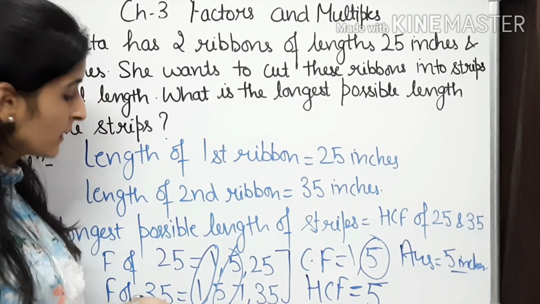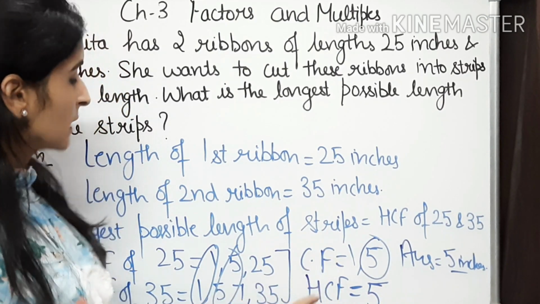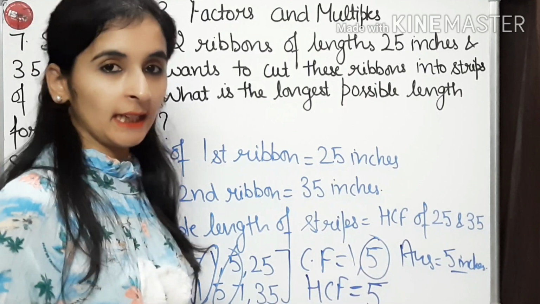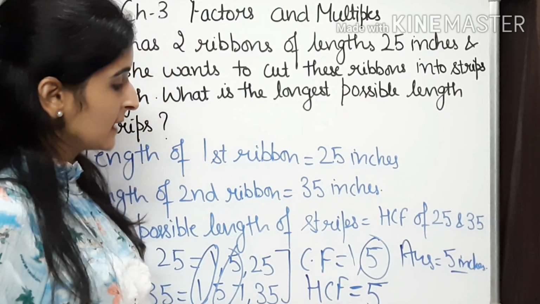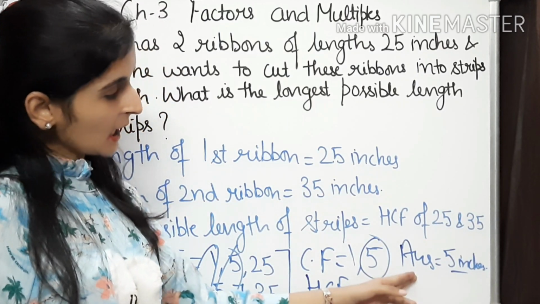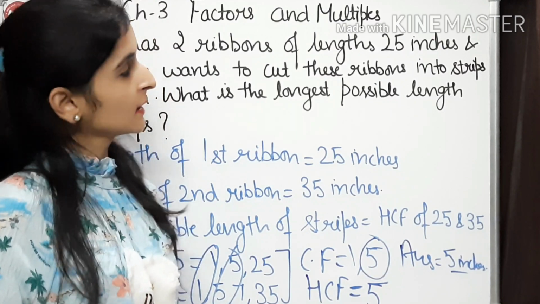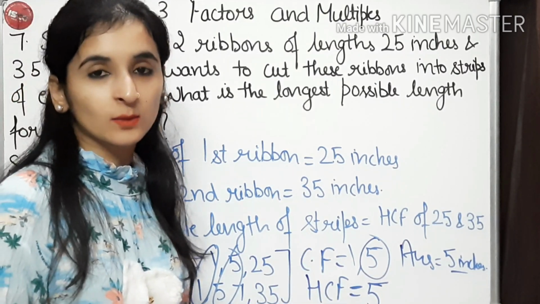Factors of 35 are 1, 5, 7 and 35. The common factors are 1 and 5. So the HCF will be equal to 5. It means the answer is equal to 5 inches. Now let's move to the next question.